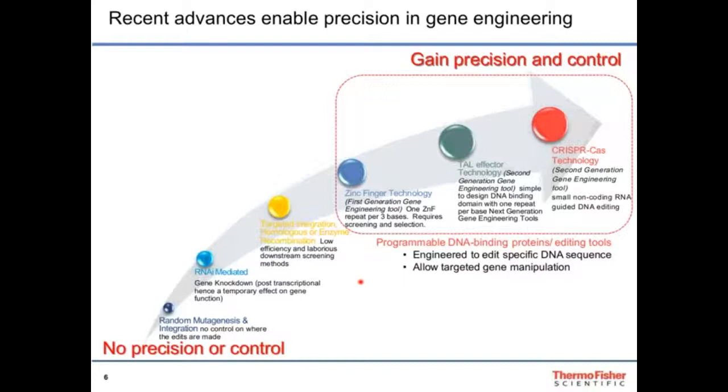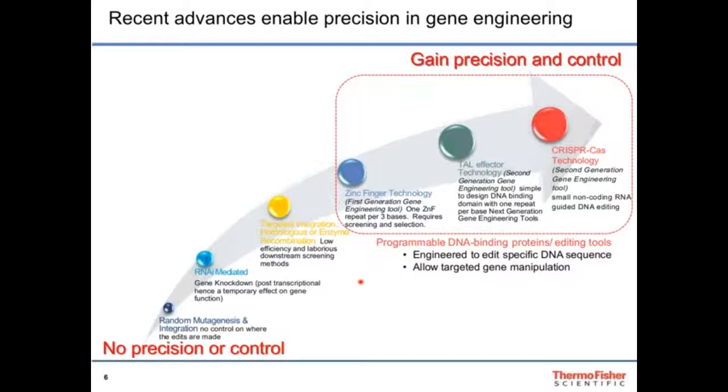And about a year and a half ago, the latest entrant in the field of programmable DNA binding proteins and editing tools came along. This is another prokaryotic system that's been now converted for use in mammalian cells, and this includes CRISPR-Cas technology. We'll go into a lot of detail.